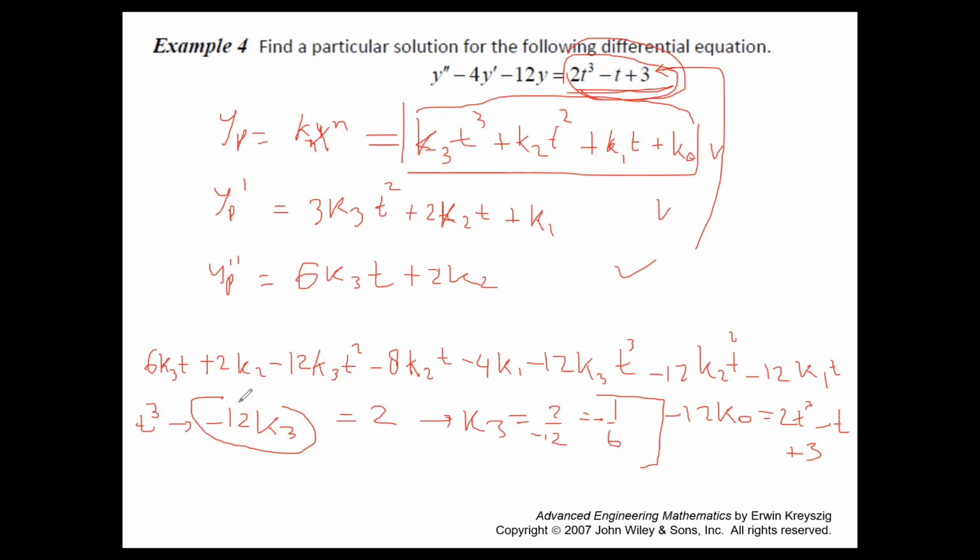This one comes from this part, because on the left side the only term having t cube has one coefficient, minus 12K3, and the right hand side is only this part. So you equalize the coefficients: minus 12K3 equals 2, so K3 is equal to 2 over minus 12, equal to negative 1 over 6. You get that?